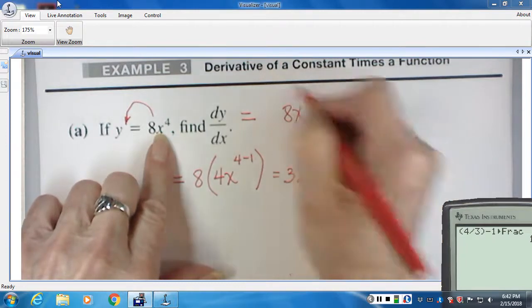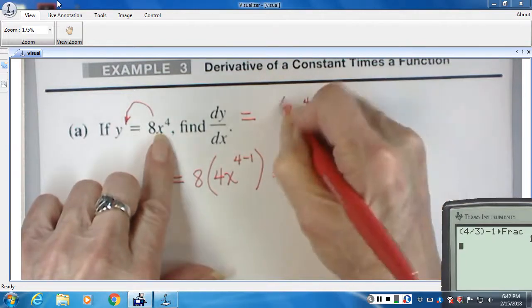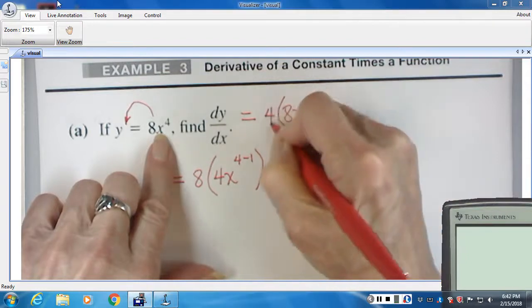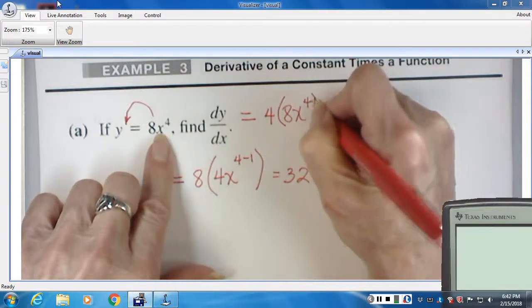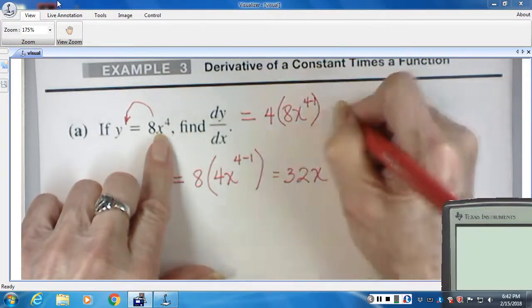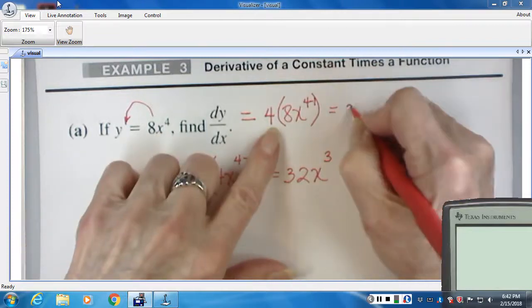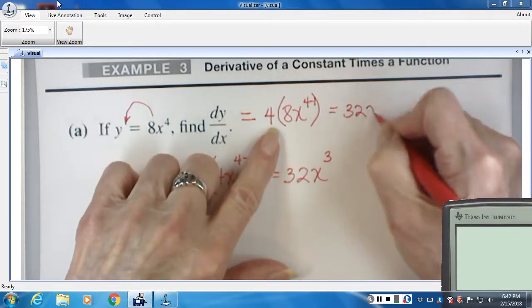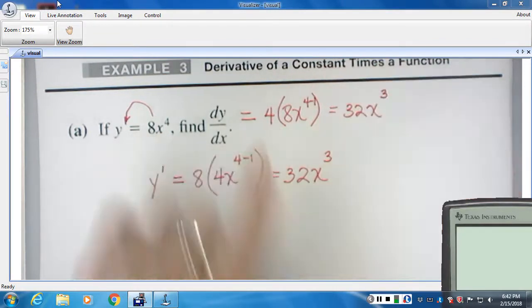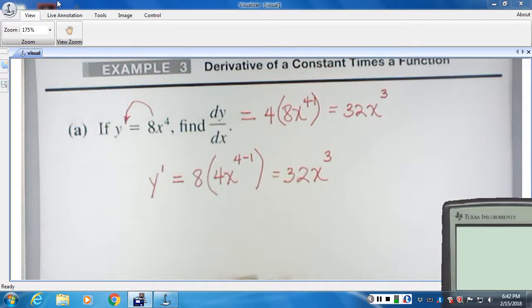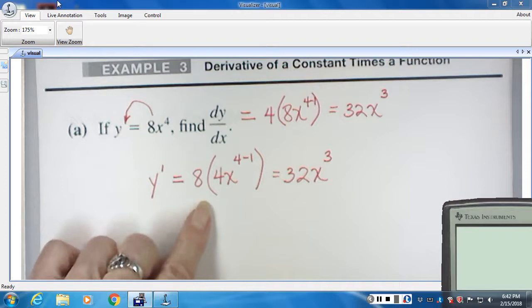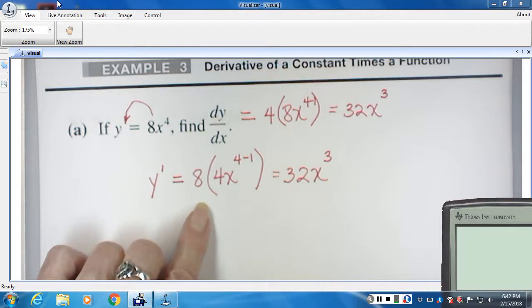Bring your power down in front, and then reduce your power by 1. And 4 times 8 is still 32x to the 3rd power. And I'm all in favor of not having to rewrite it. So we okay on that one?